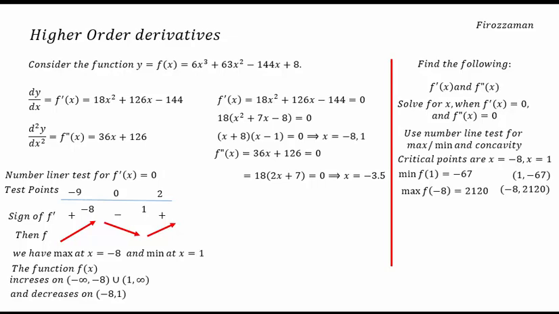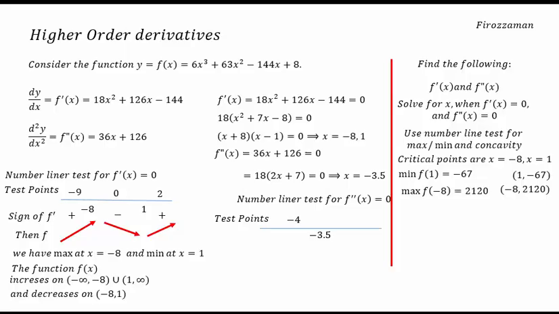Next, we'll go for the second derivative test to check the concavity and inflection point. So number line test for second derivative equals 0. We take the number line and place the value that we got from the second derivative equals 0. And this is the candidate for concavity. Again, we need to take test points.